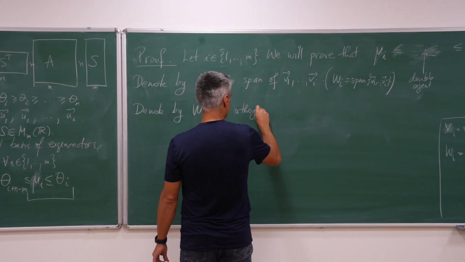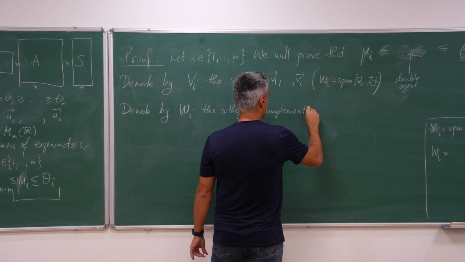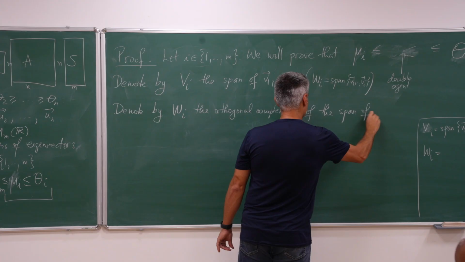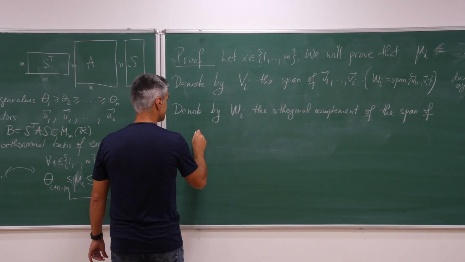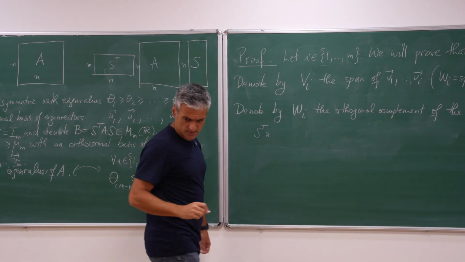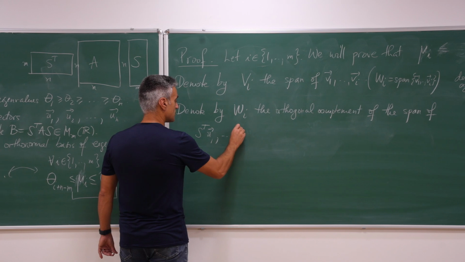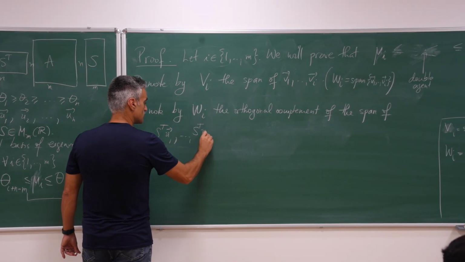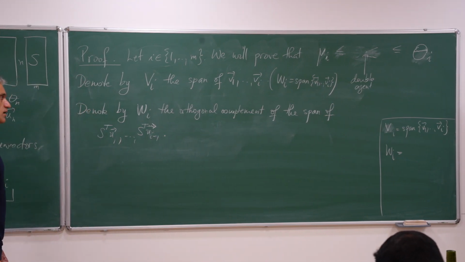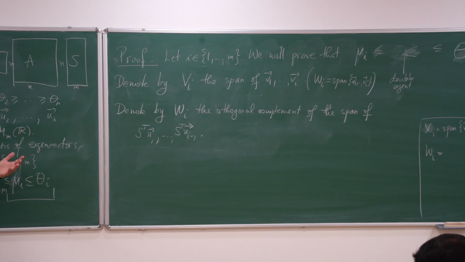So Wi is the orthogonal complement of the span of the following vectors: S transpose U1 through S transpose U(i minus 1). When you first see this, who can come up with something like this?